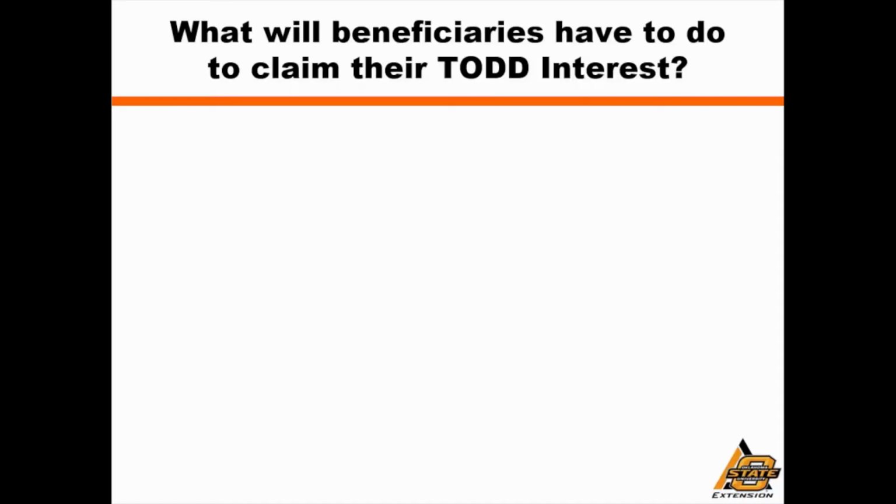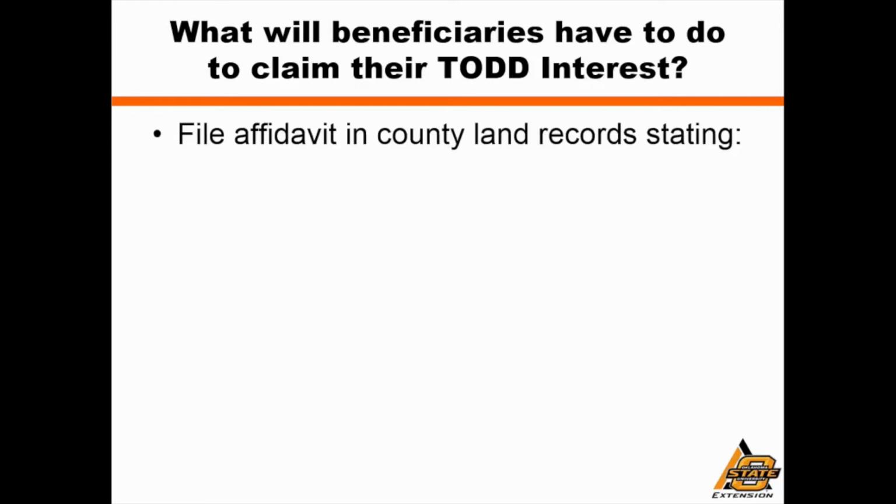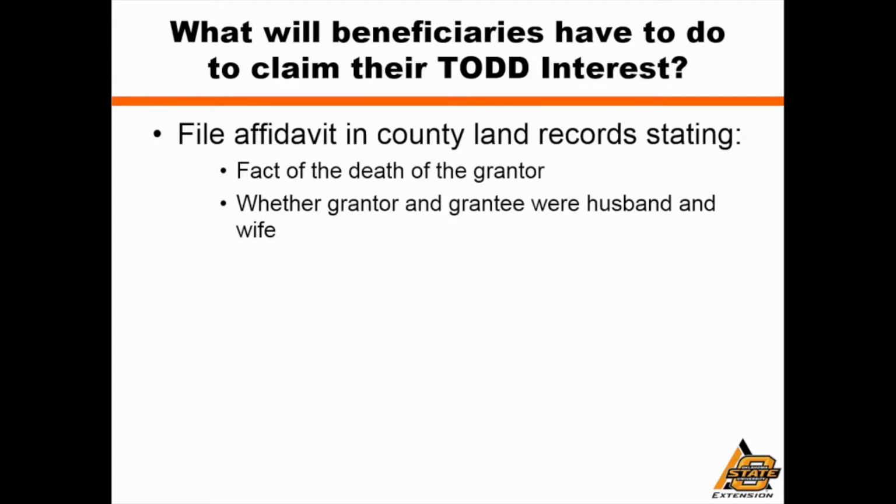So the beneficiaries, what do they have to do to claim their property? Well, they have a certain amount of time to get this done. So if you're going to create a transfer on death deed, you need to tell the beneficiary that it exists. Then upon death, they need to go to the county land records office and file an affidavit stating that the death of the grantor has occurred.